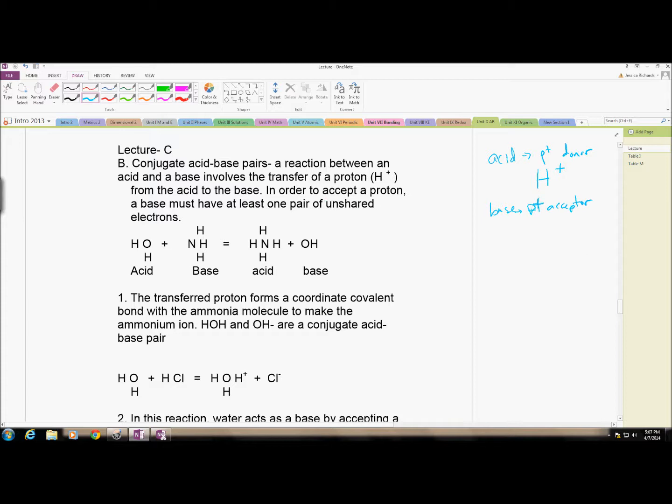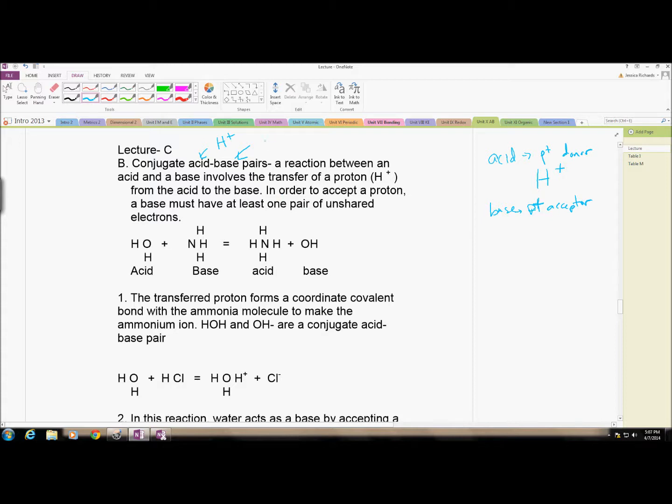In order to be an acid in this Bronsted-Lowry definition, your compound has to have at least one hydrogen in it that it can give away. And if it's going to be a base, it has to have at least one unshared pair of electrons.